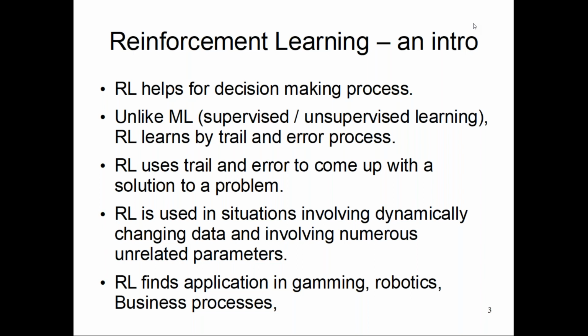It also involves numerous unrelated parameters. If you talk about a robot, or an aircraft moving around, it has to work upon the gravity aspect, weight aspect, temperature, the atmosphere, so many aspects, so many unrelated parameters come up. Reinforcement learning finds applications in gaming, a lot of online gaming, robotics, and a lot of complicated business processes.